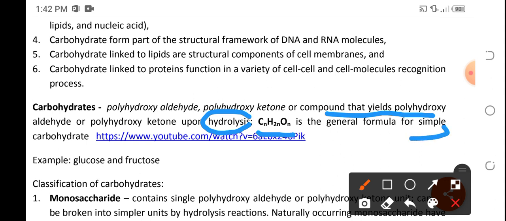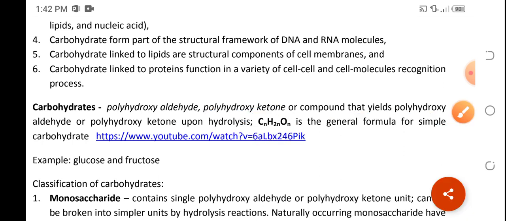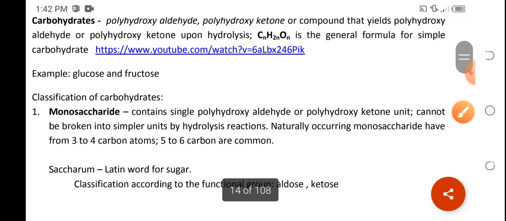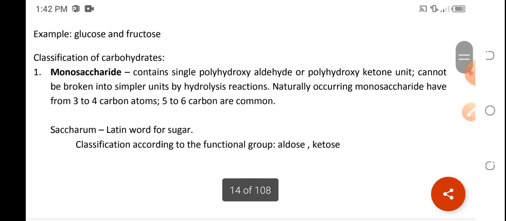Hindi na pwede itong general formula na ito if ang pinag-uusapan natin ay mga disaccharides or higher version ng mga carbohydrates. This general formula na CnH2nOn is only for monosaccharides. What are the examples of carbohydrates? So you have glucose, fructose.